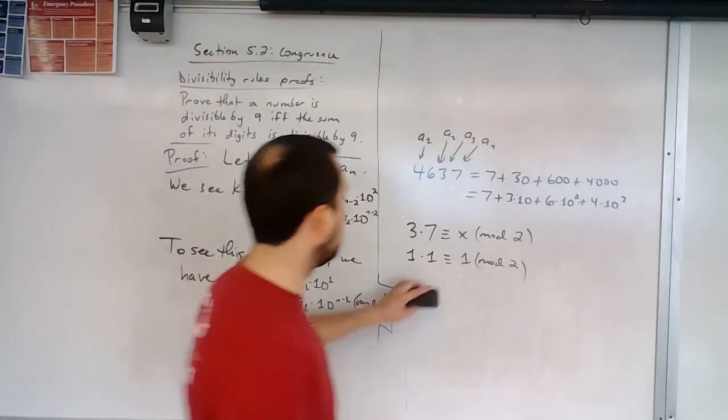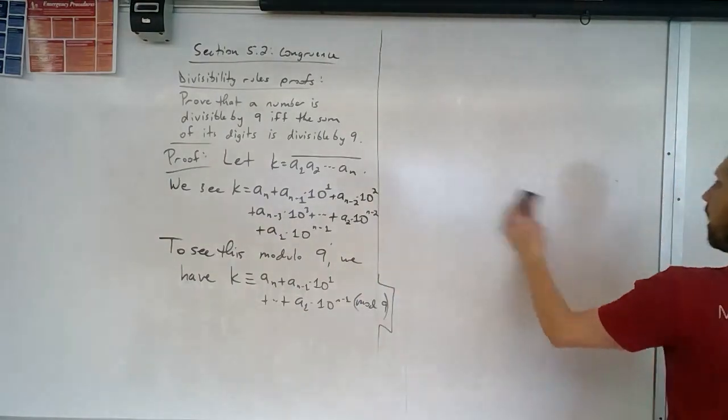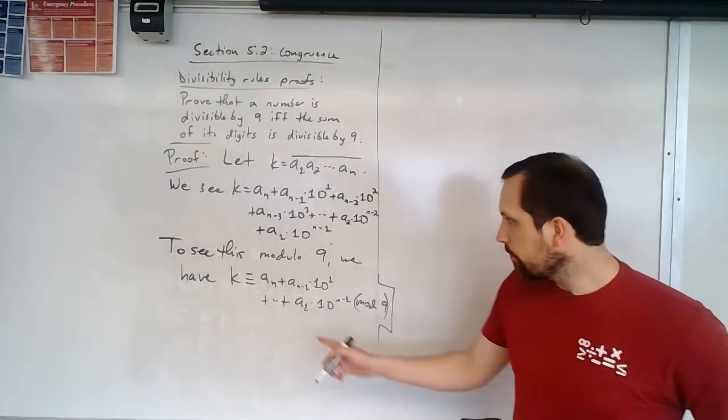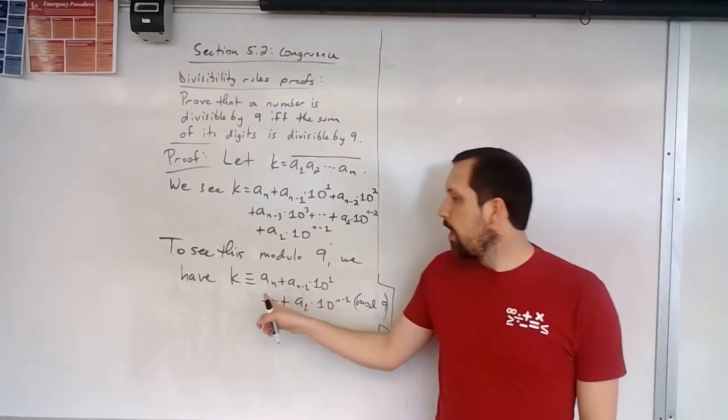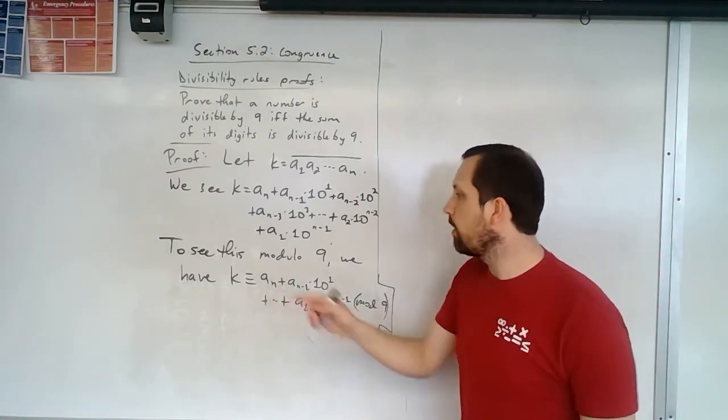Okay, so I have this statement, right? So we're just going to look at this mod 9 and see what happens. So then I'm going to reduce each of these mod 9.